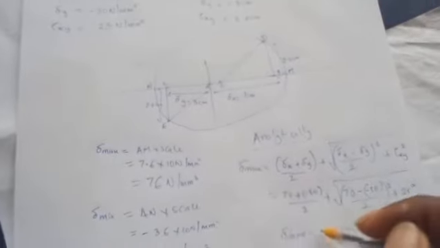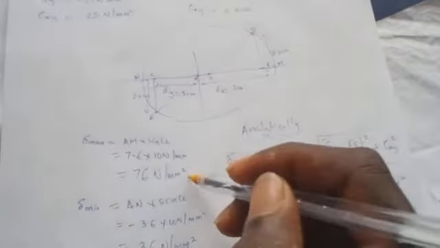If I solve this, I get my sigma maximum to be equal to 76 Newton per millimeter squared, which checks the graphical method.